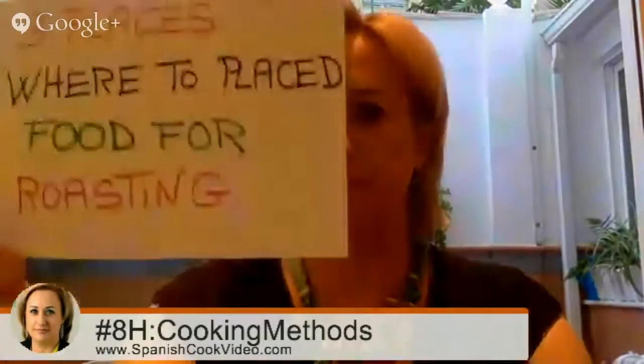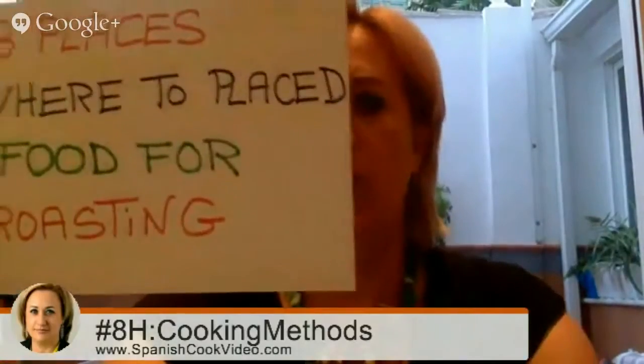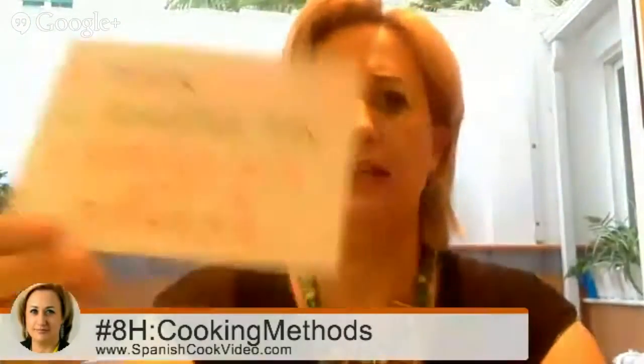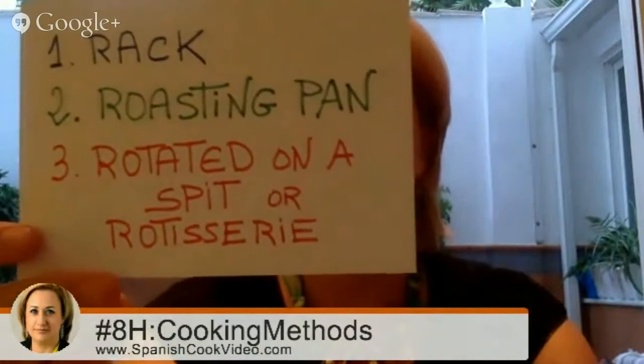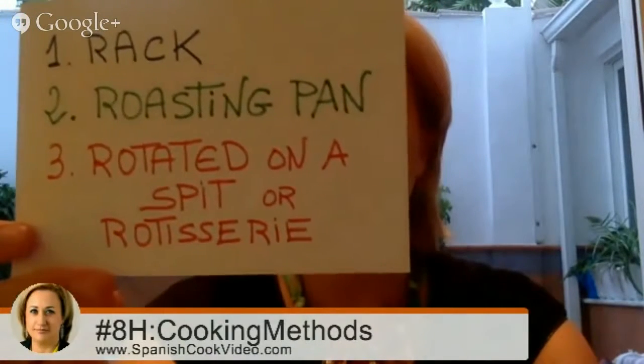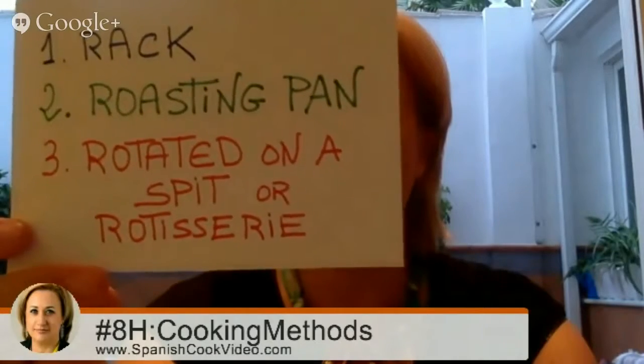There are 3 places where roasting food should be placed. One is on a rack, the second one is in a roasting pan, and the third rotated on a spit or on a rotisserie. There are also 3 plans for roasting meat.